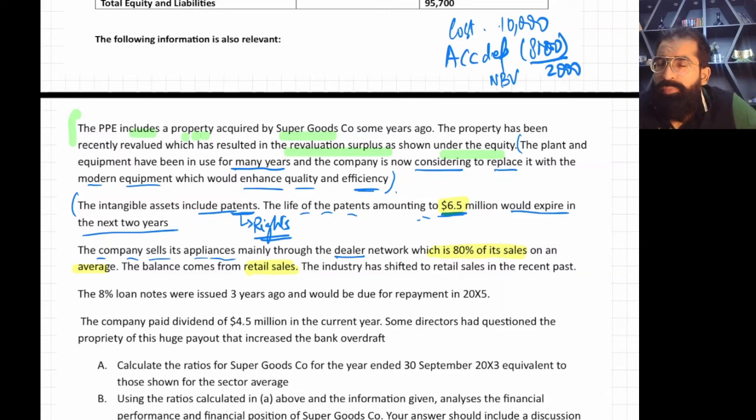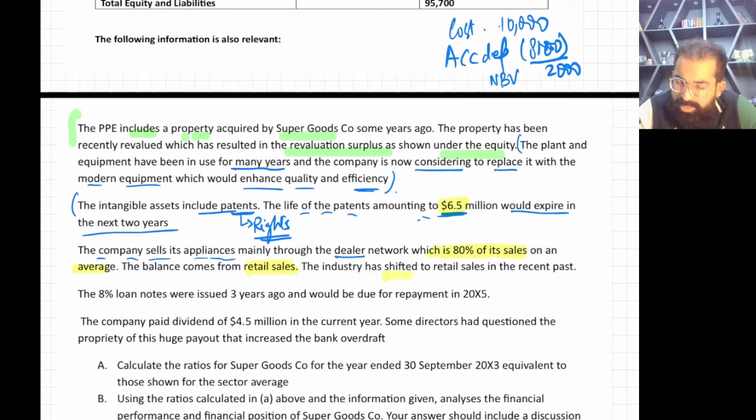So you can also interpret it like you have to bear some extra cost, as your 80% sales are through dealers. I was reading some magazine, and I think Tesla normally doesn't sell cars through dealers, they sell through their own showrooms, right? They don't give dealerships and all, so that they can make more money.